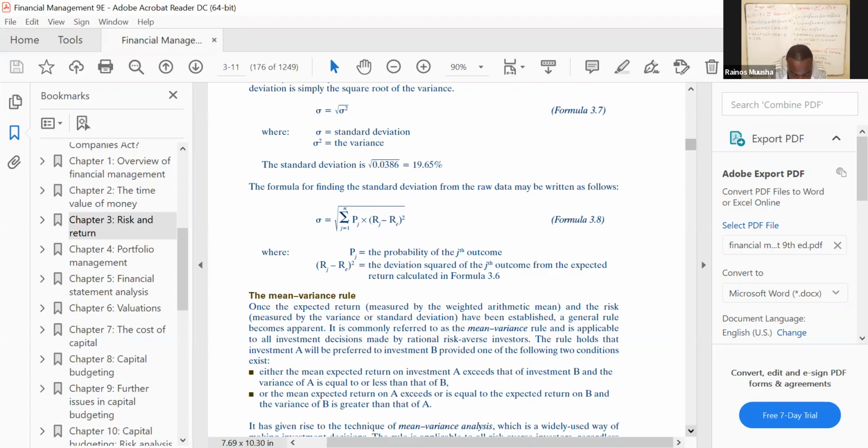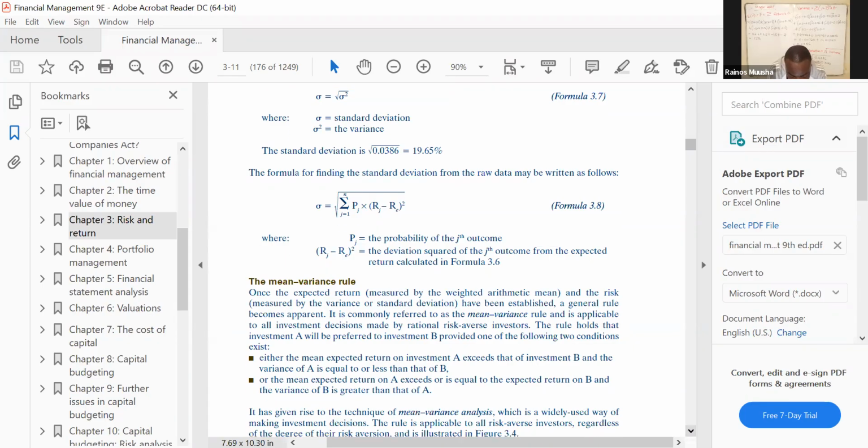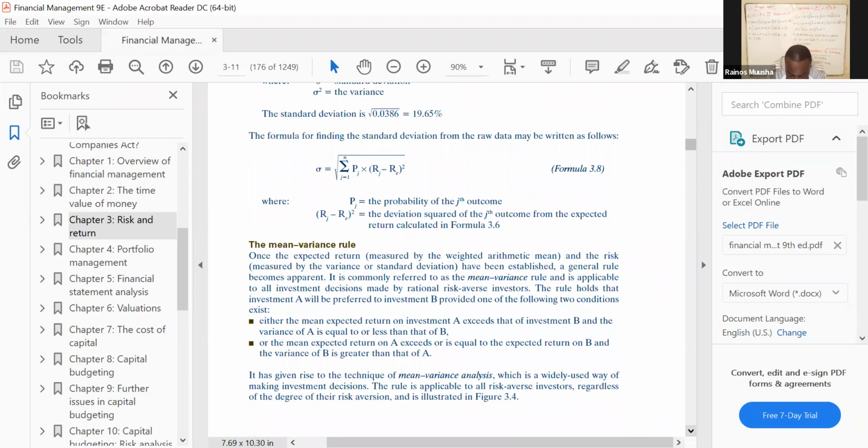The rule holds that investment A will be preferred to investment B, provided that the following conditions exist. Either the mean expected return of A exceeds that of B and the variance of A is equal to that of B, or the mean expected return of A is equal to the expected return of B, and the variance of B is greater than what?